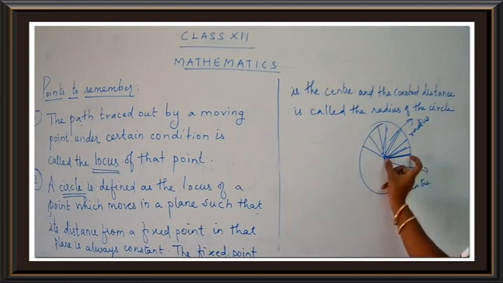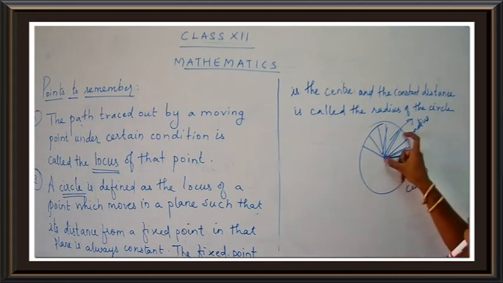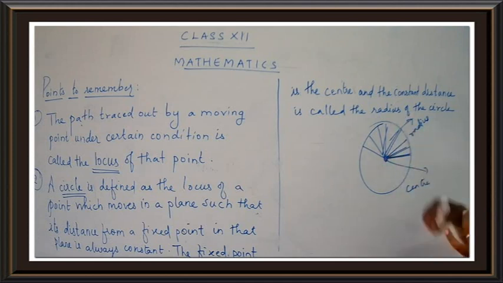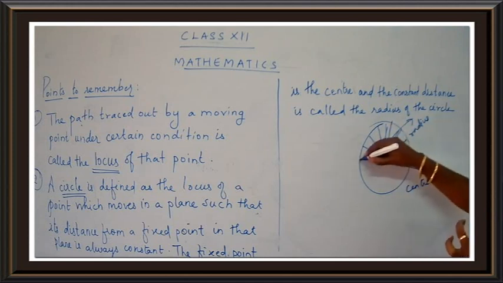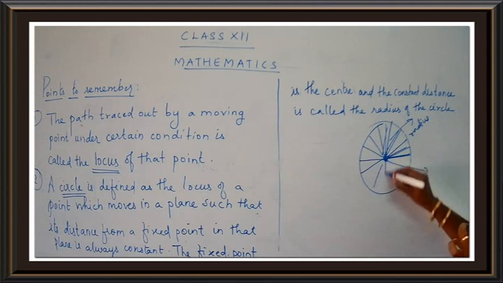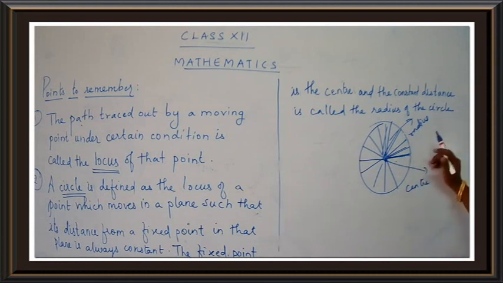We can say locus means the location of a point. And what is the fixed point called? The fixed point is called the center and the constant distance is called the radius. So this is the definition for circle.